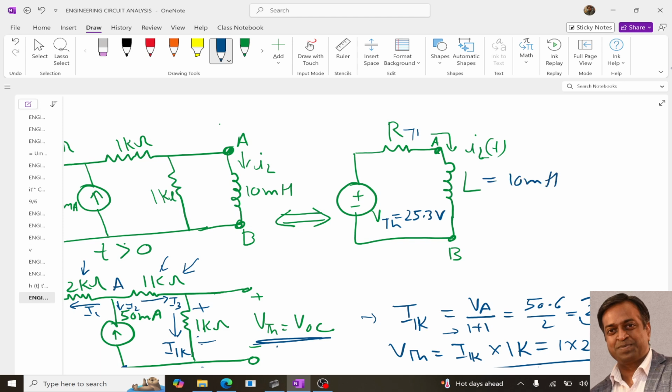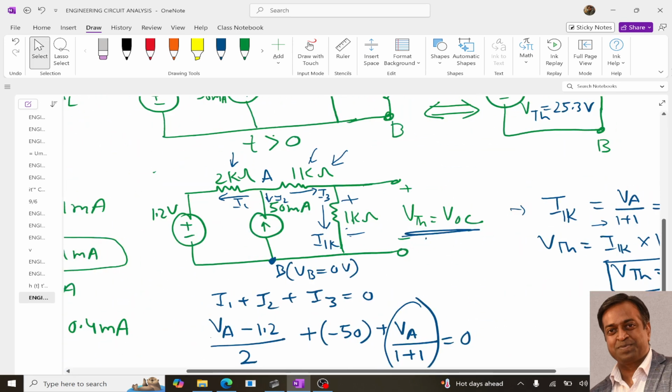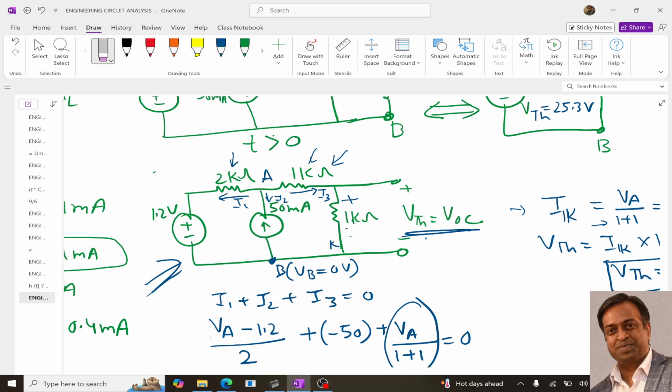Now we need to determine the Thevenin resistance. To determine the Thevenin resistance, let me remove the irrelevant things. So we know the concept of determining the Thevenin resistance. Simply, we need to remove all the independent sources.